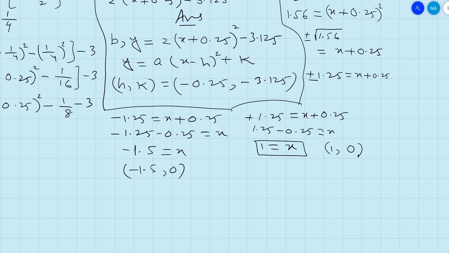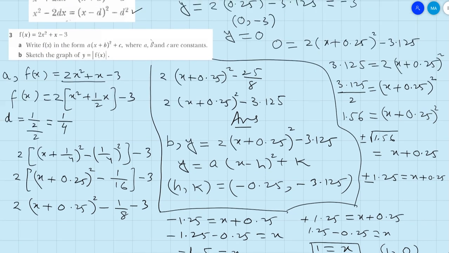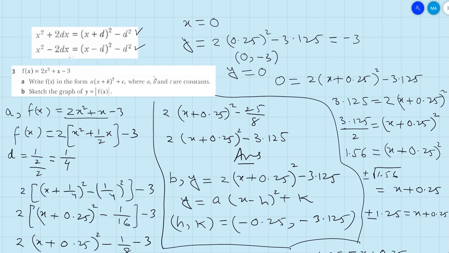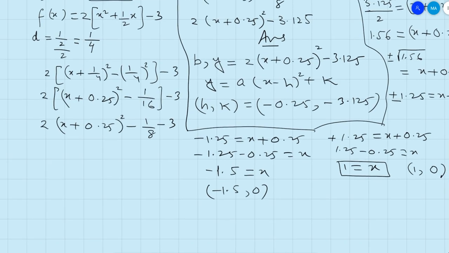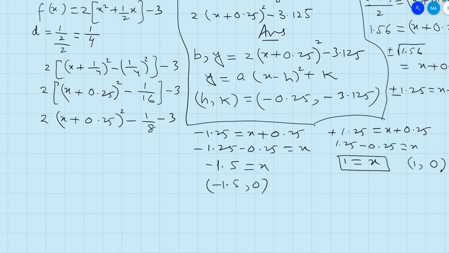It's time to write all four coordinates. What was the first point? (0, -3). The second point, (-1.5, 0).